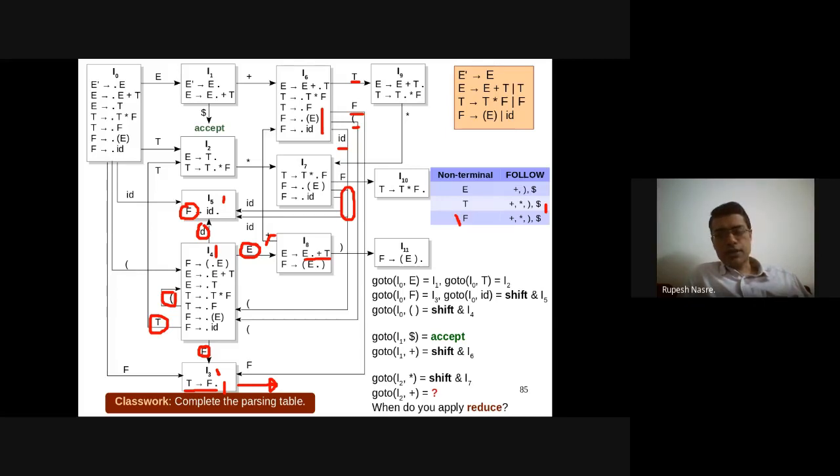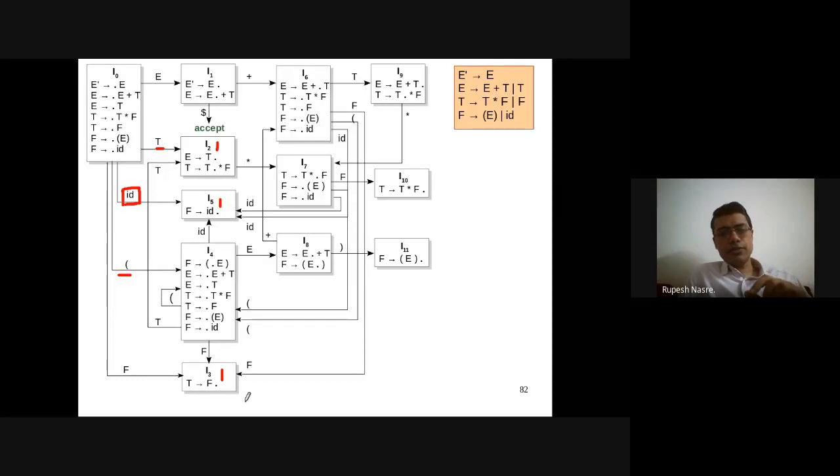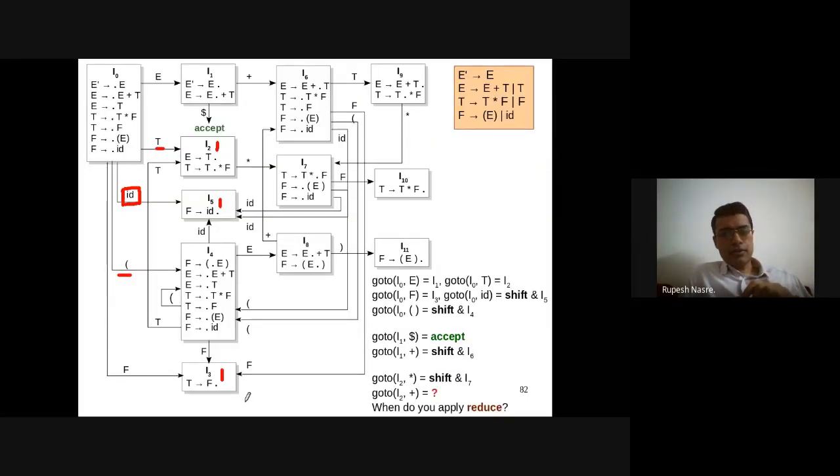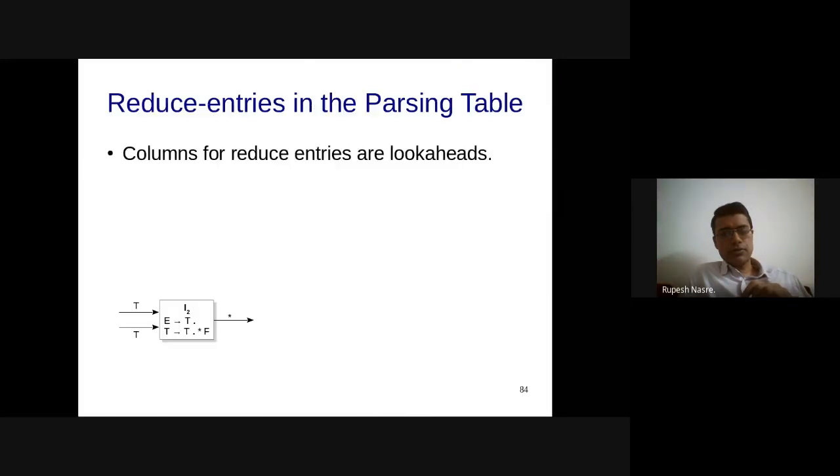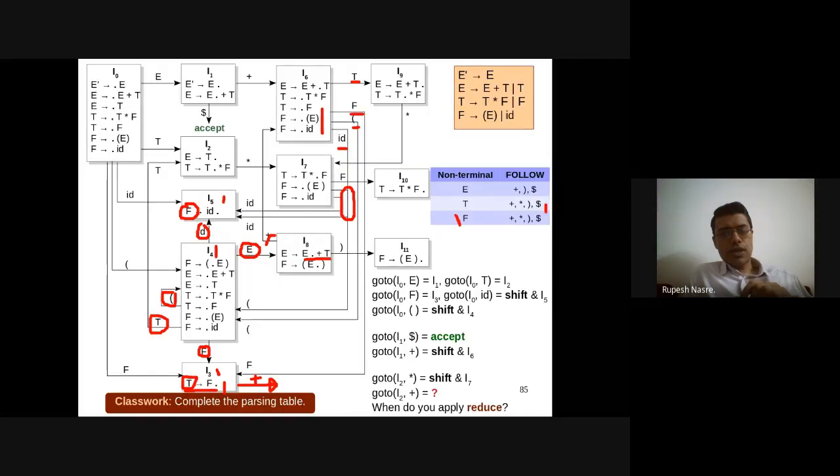Okay, Girinath has said something: the same terminal. So if follow of t contains the same terminal, let's say plus is the terminal symbol on which there is a transition, that means there is a shift involved on plus, and follow of t contains plus.